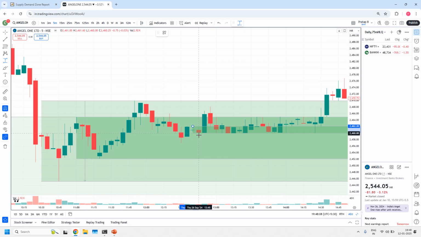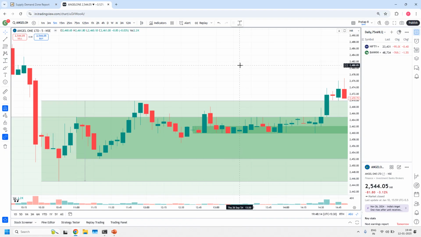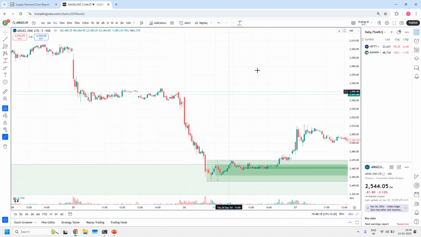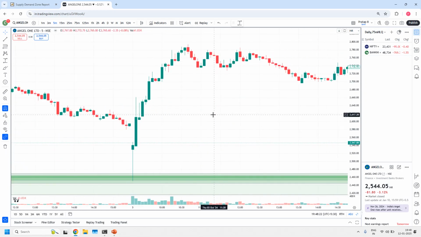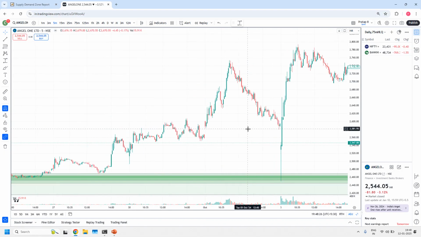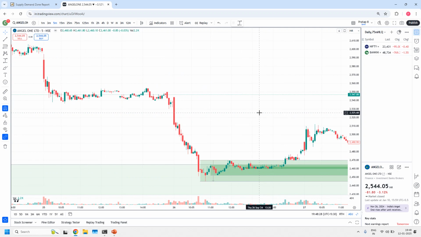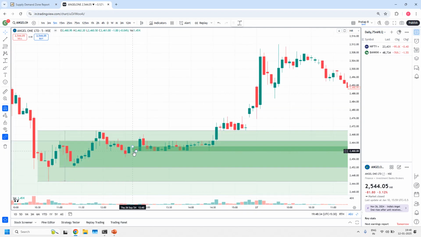Rally, base, rally. Several times prices are here. And finally this is violated here. See, pierced actually. So this is not useful for us because this zone is pierced. No more is it useful from this zone. So we can't plan any trade from this area because it is a pierced zone.